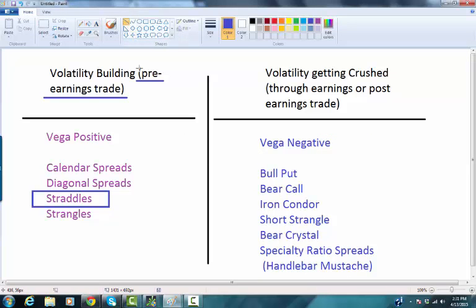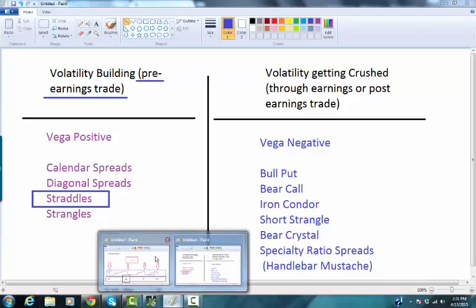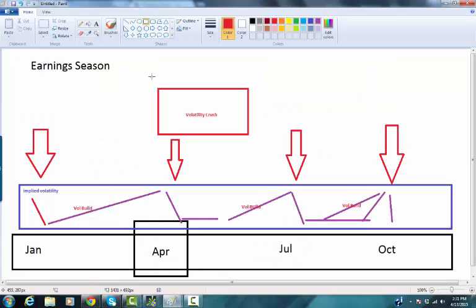You need to look at this list right now and ask yourself, what do I want to trade? Okay, let's go back to the other graph here for a minute. Do I want to play the volatility building, the consistency of having just volatility move up the chart and trying to take advantage of it?